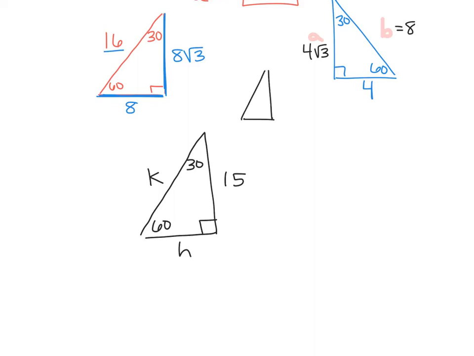Our general setup for a 30, 60, 90 is L, L rad 3, and 2L. So what is 15 right now representing? That's your L rad 3 side, okay? So I can say that 15 equals L rad 3. How do I solve for L?